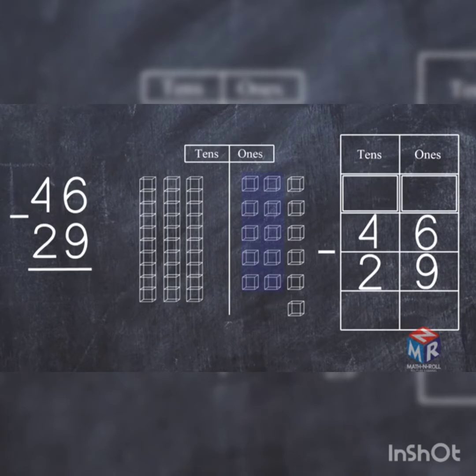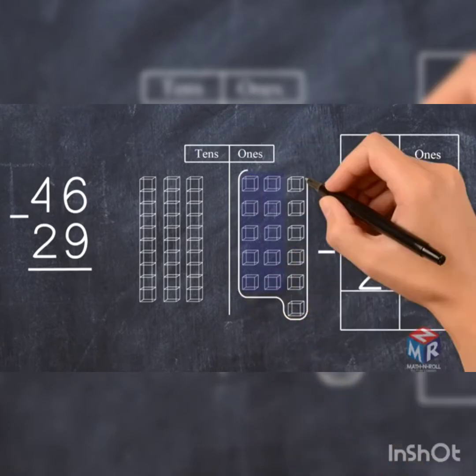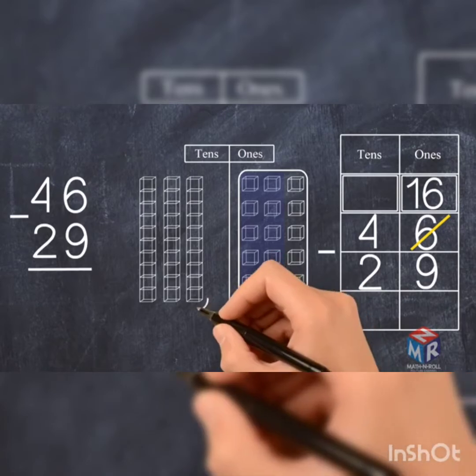Okay, so we cross out the 6 and write 16 as a new ones. We borrow 1 ten from the tens column.